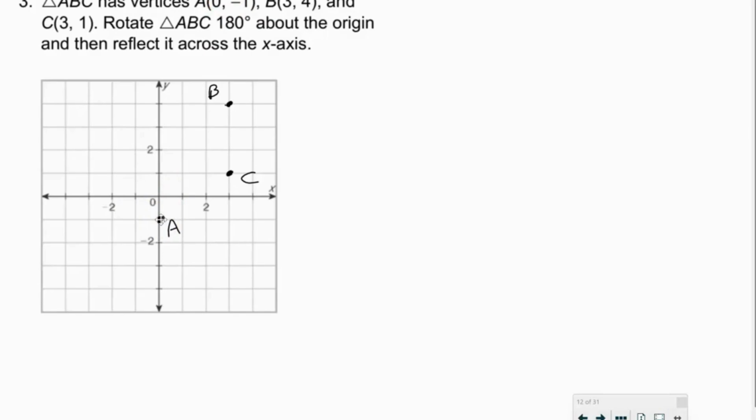And then I went over 3 and up 4 for B. And then I went over 3 and up 1 for C. Now I'm going to connect the dots, and I have my triangle.